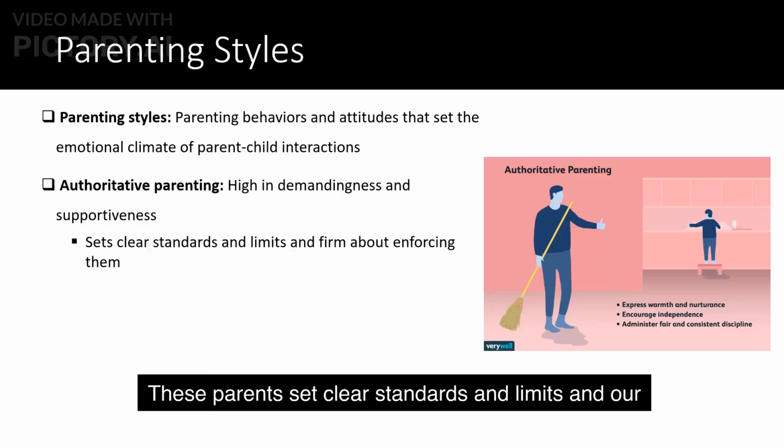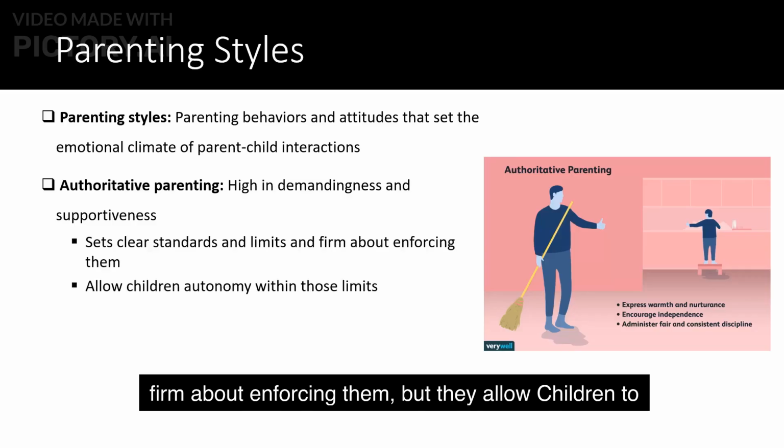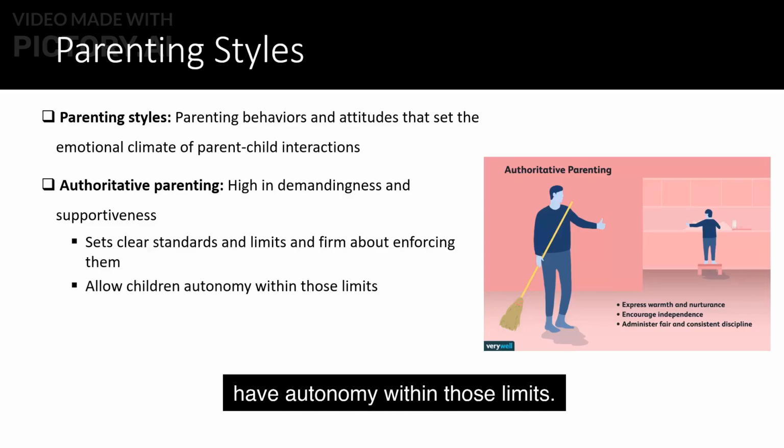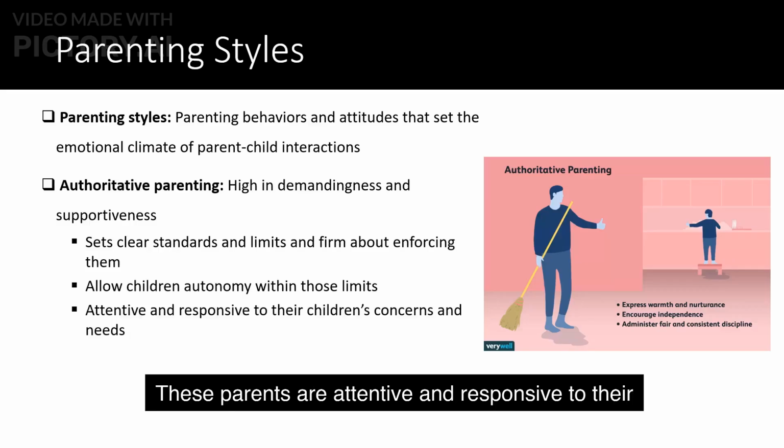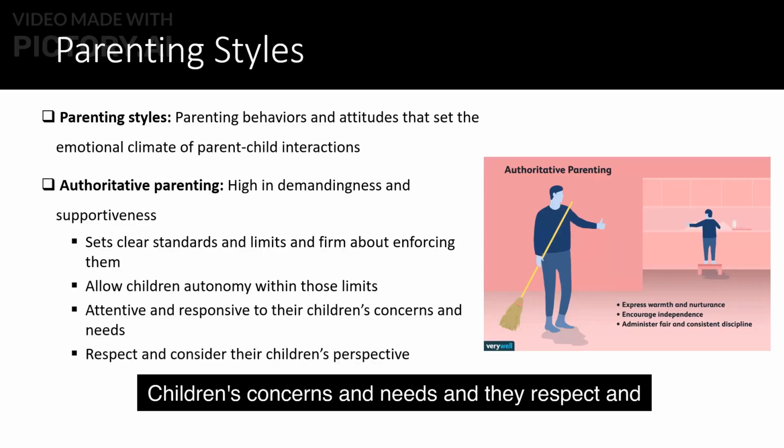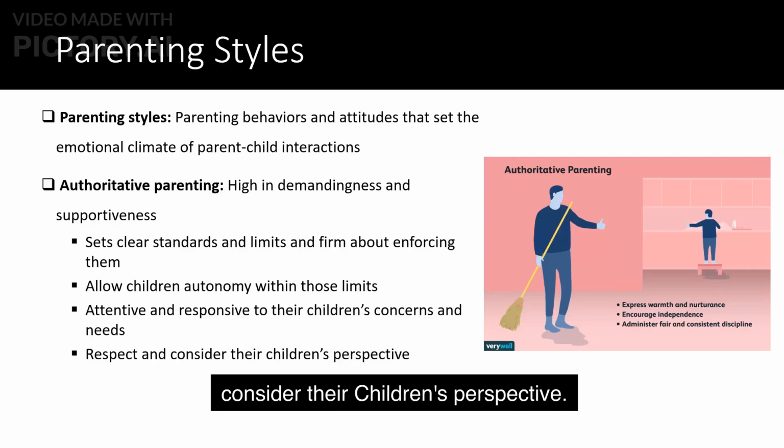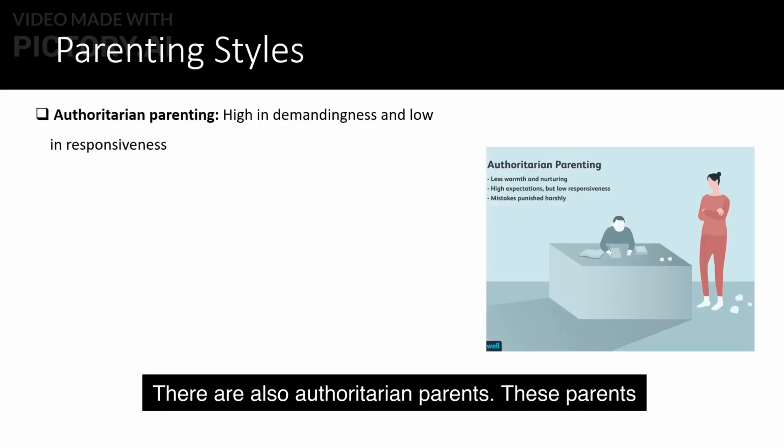These parents set clear standards and limits and are firm about enforcing them, but they allow children to have autonomy within those limits. These parents are attentive and responsive to their children's concerns and needs, and they respect and consider their children's perspective.